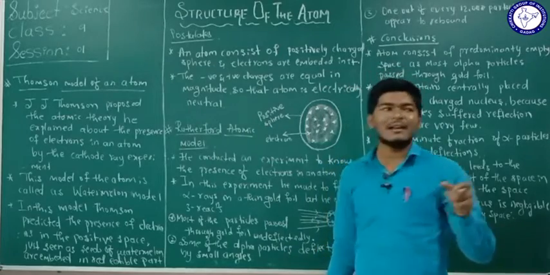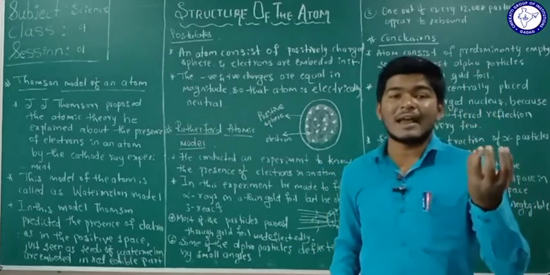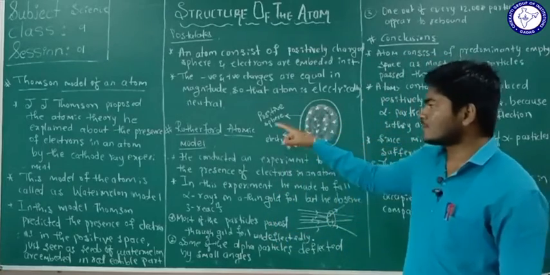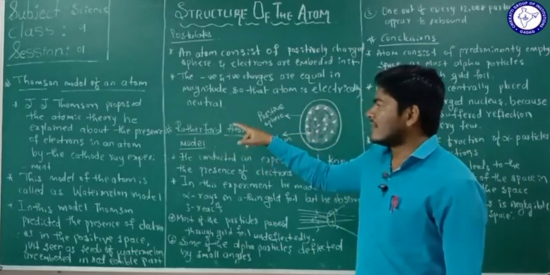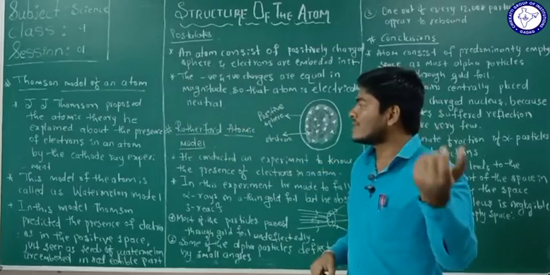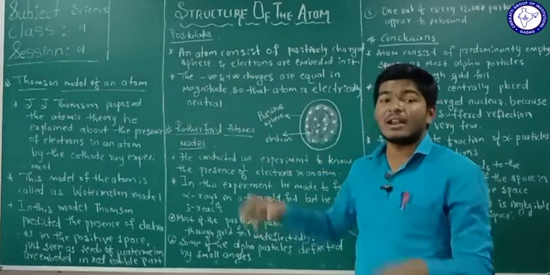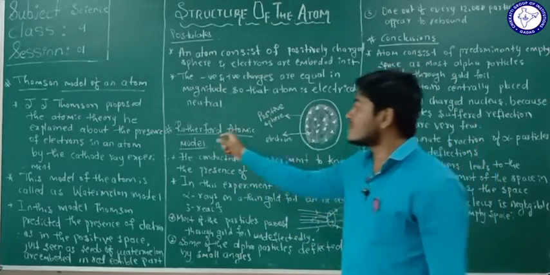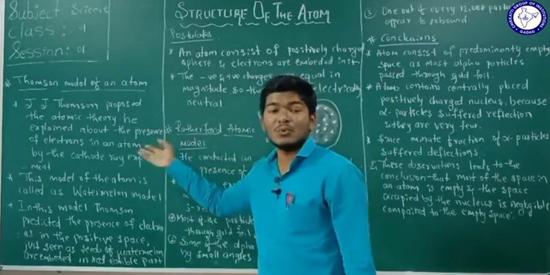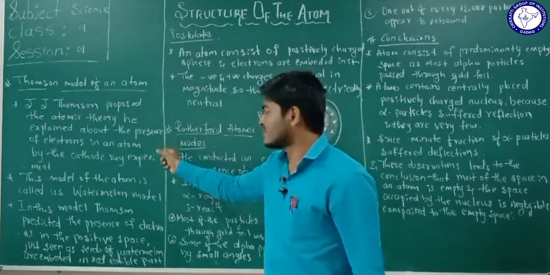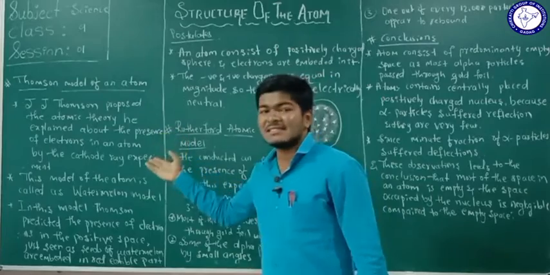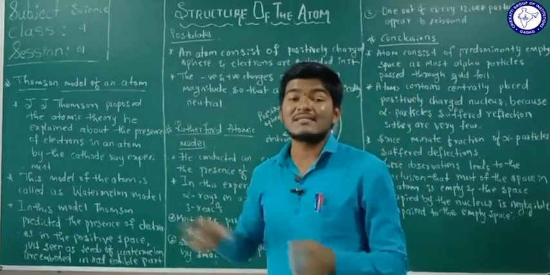On the basis of that experiment, he said that the atom contains electrons. So what happens here? This says that Dalton's theory fails.